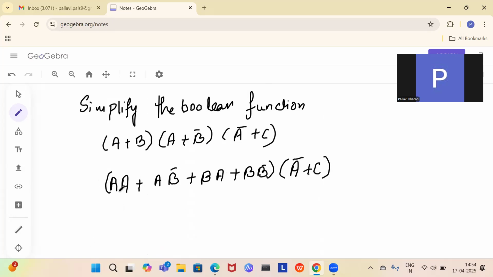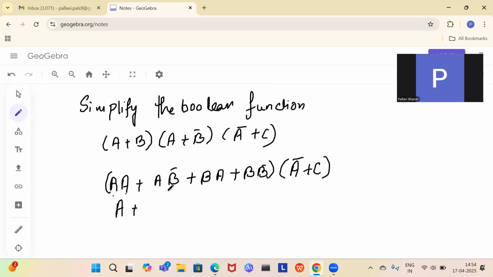So a into a, this is going to use which one? A dot A means 0 into 0 or 1 into 1. 0 into 0 will be 0, 1 into 1 will be again 1. So it is going to be A itself. Whatever is the value of A, that is going to be the answer. So A dot A will be equal to A.